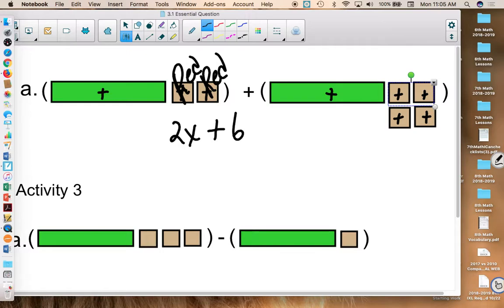If the first part of that algebraic expression is x plus negative 2 plus x plus 4, what should I have, sir? 2x plus 2. Do you agree with him?